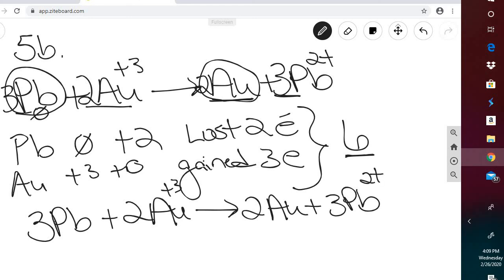Now we have 3 leads on each side and 2 golds on each side. This has a charge of 0, so this is +6. This has a charge of 0, and 3 times +2 is also +6. So now the equation is balanced with respect to atoms and also with respect to charges.